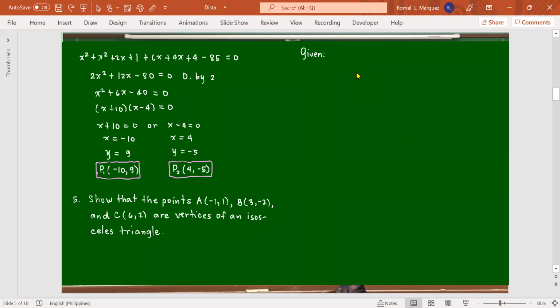So we have illustration here. So y, then x. X-axis.